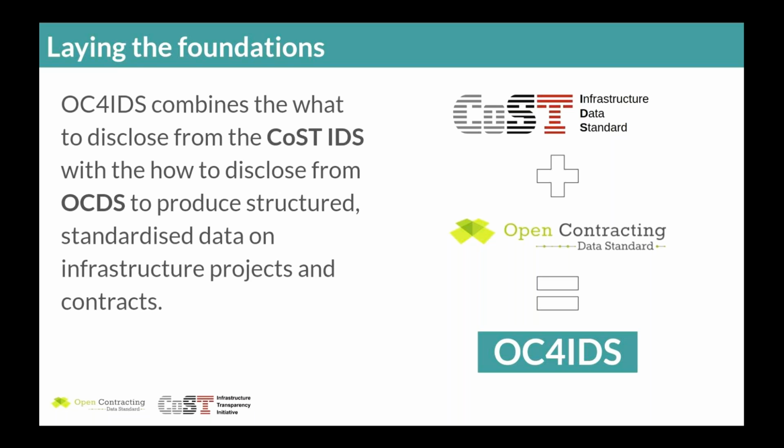So CoST IDS has all the useful information about what data people want to know about infrastructure projects, and OCDS provides a means to produce structured and standardized data. So we have ended up with OC4IDS.